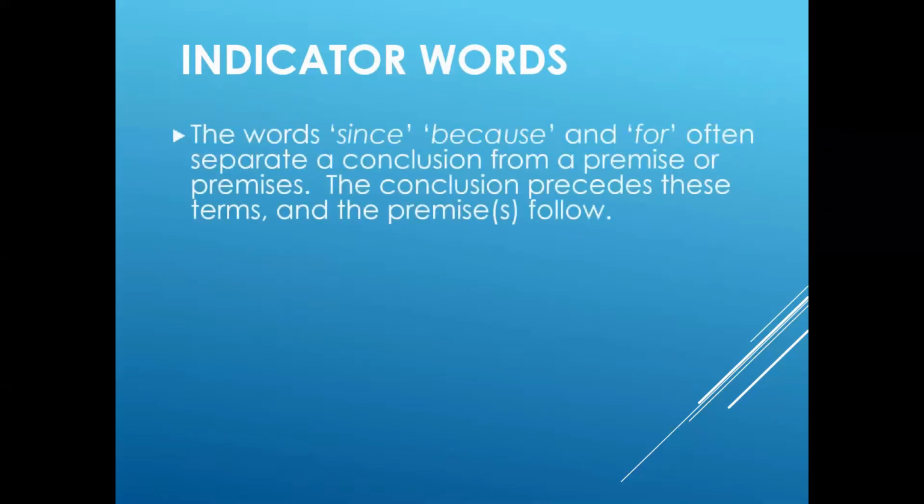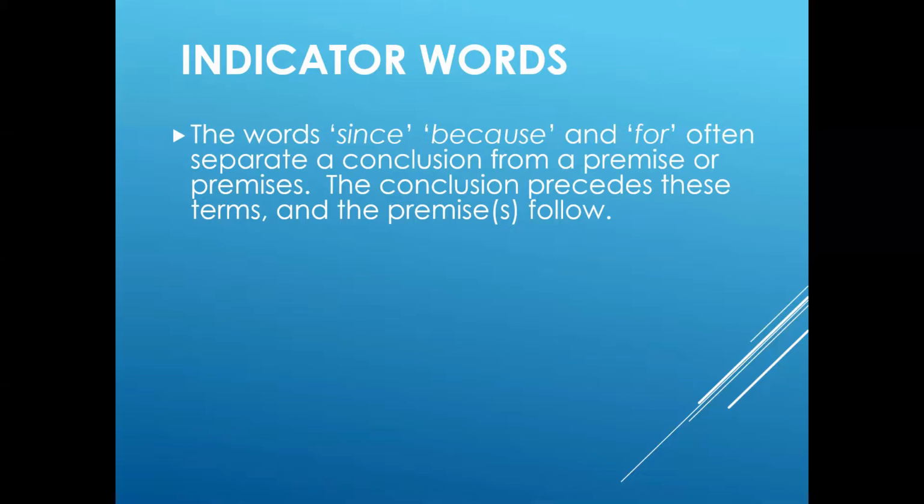We have words that give us a clue what the statements are doing, what this piece of the argument's function is. So we have words like since and because and for. And when we see these, they often separate a conclusion from a premise.